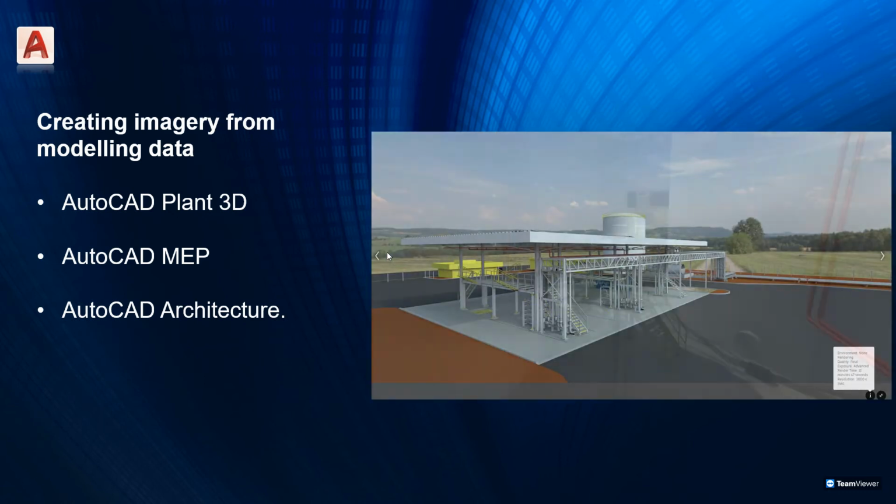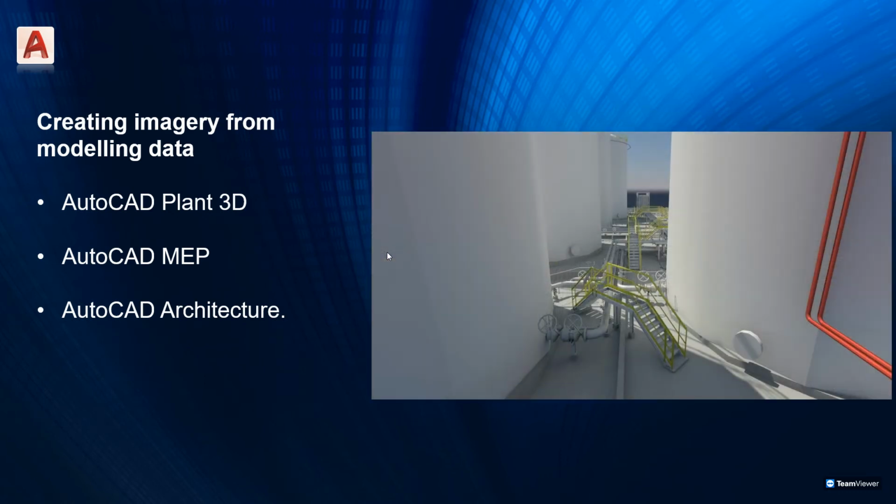Okay, so creating imagery from modeling data. Some of the products that you get in AutoCAD are AutoCAD Plant 3D, AutoCAD MEP, and AutoCAD Architecture. These have natural 3D elements. In AutoCAD Plant, when you are drawing, you're drawing your pipes automatically. As you can see in this picture over here, you're drawing your cylinders automatically. You're drawing the staircase automatically. You don't have to build it piece by piece by drawing blocks and extrusions and things like that.